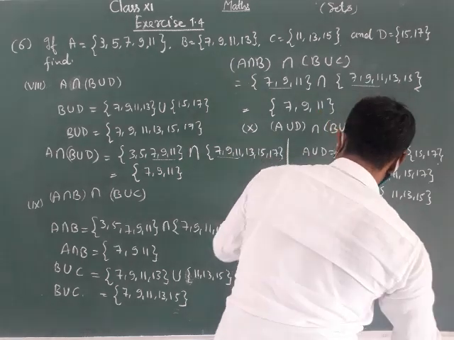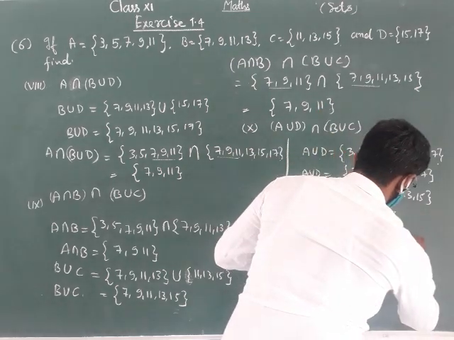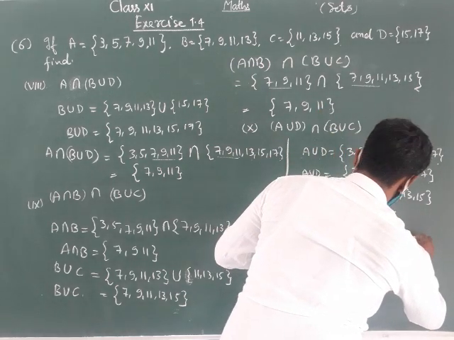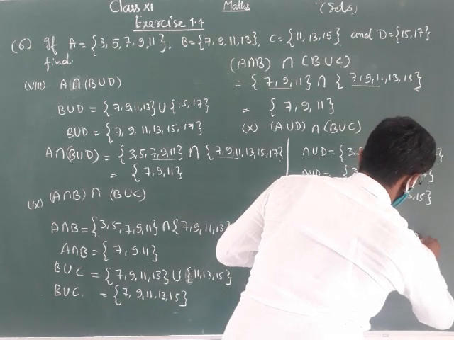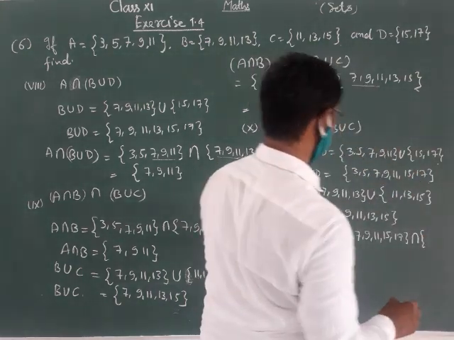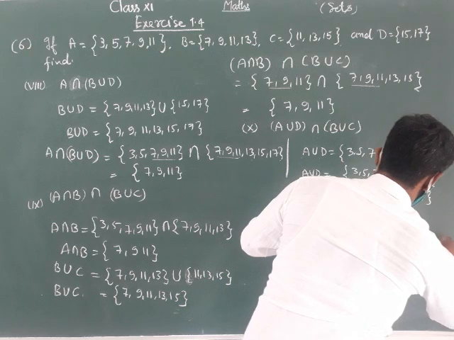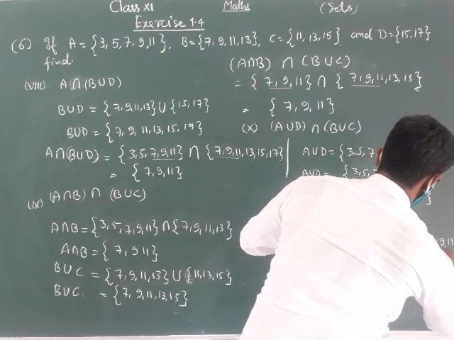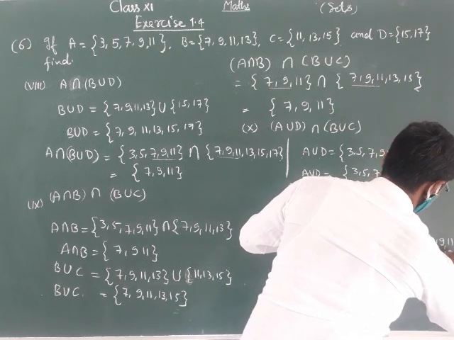And B union C has the elements 7, 9, 11, 13 and 15.